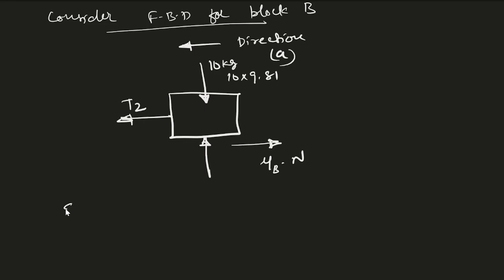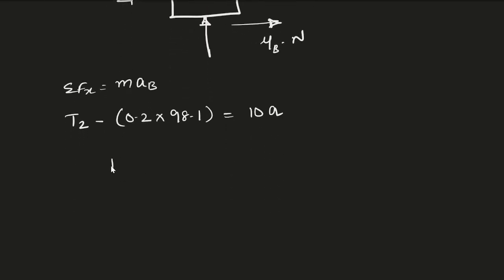Again by Newton's second law, summation of Fx equals m into aB. So Fx again: T2 minus mu B, which is 0.2, times the normal, which is 98.1 because 10 into 9.81, will be equal to the mass of block B, 10 kg, into A. I'm going to write this as a T2 equation. 0.2 into 98.1 is 19.62.